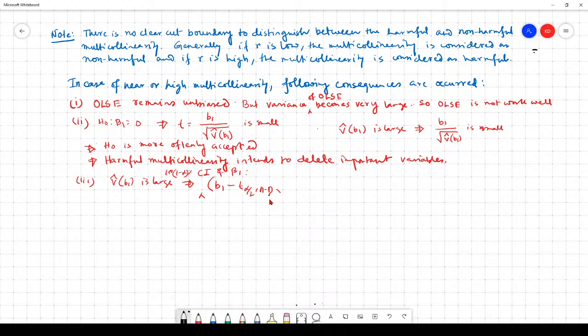Suppose you consider only two explanatory variables, then this is n minus 2. Or rather you can write it generally as n minus k, where k is the number of explanatory variables, if you ignore the intercept term.